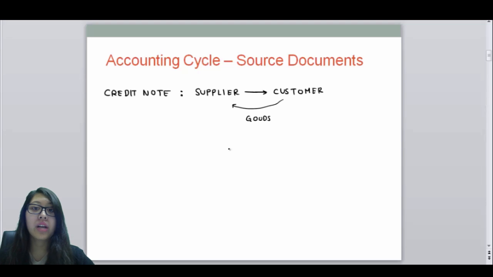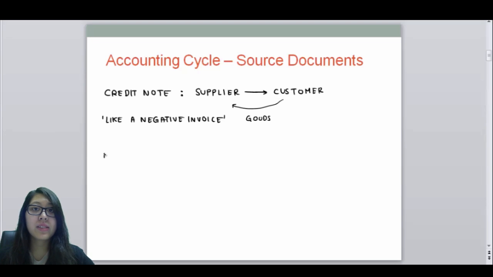So the customer will be sending the goods back, and in return, the supplier is going to give a credit note. You could think of it as a negative invoice, because normally an invoice is going to request payment from the customer, but a credit note is there to reduce the customer's balance instead, as proof that because the customer has returned goods to us, we're going to reduce the balance on their behalf.